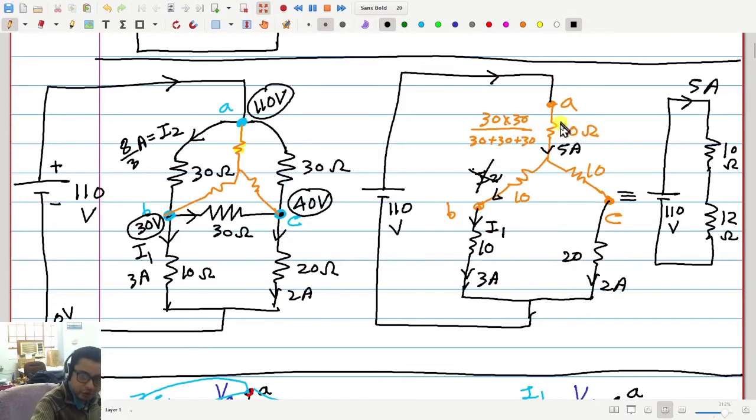You see, we are finding this resistance, which is basically, I'm drawing it here, the product of the two adjacent resistances in the original delta, 30 into 30 divided by the sum of... Sir, I got that, but I could not understand how you solved that star configuration and concluded the resultant to be 10 ohm, in the third configuration.